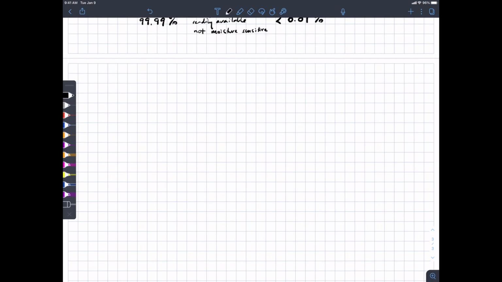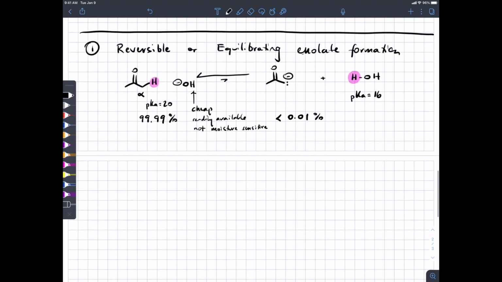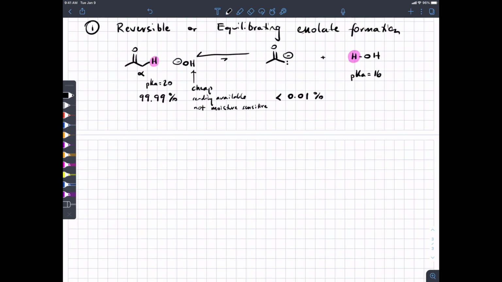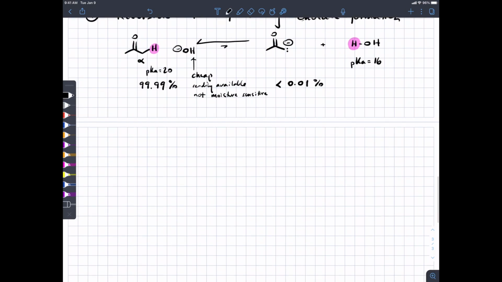All right, so why does it matter? What would be the consequences of using reversible or equilibrating enolate formation? It doesn't look like there's much of anything to worry about for this particular ketone, but what if we started with a different ketone?